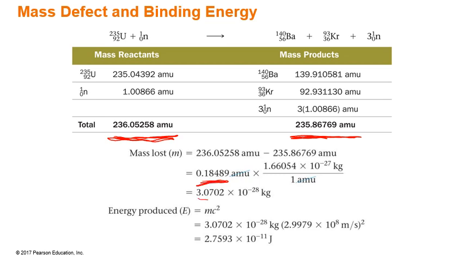And when we turn that into kilograms, that is the mass in our E equals mc squared. And we can calculate the amount of energy for one uranium atom. It is 2.7593 times 10 to the negative 11 joules. So when we take that to a mole, we get a very large amount of energy.